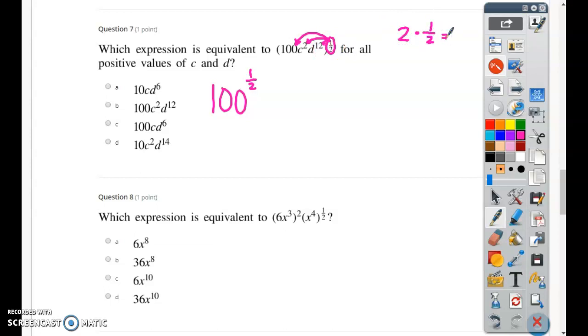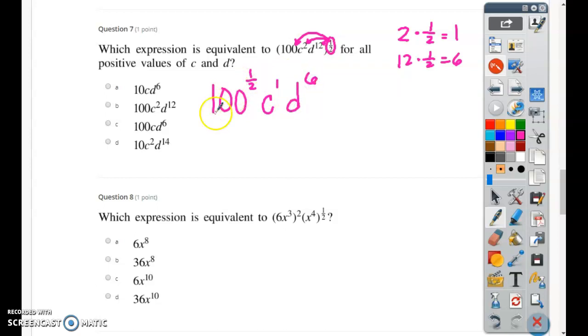What's half of 2? What's half of 2? La mitad de 2. 1. What's half of 12? 6. So now I have C to the power of 1 and D to the power of 6.